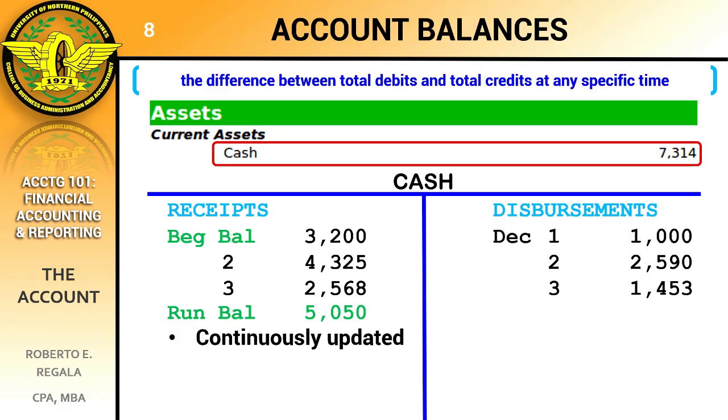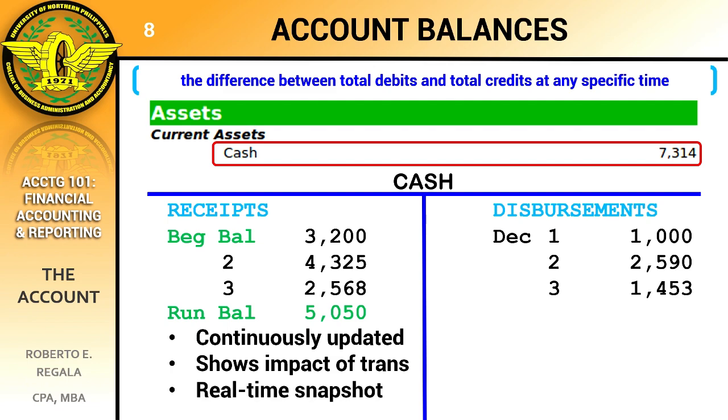This real-time updating means you always know exactly where the account stands. It shows how individual transactions impact the overall account balance. You can see each specific transaction and how it changes the balance. It provides a real-time snapshot of the account status at any point. This is crucial for monitoring your finances and is a major reason why it's a useful accounting concept.